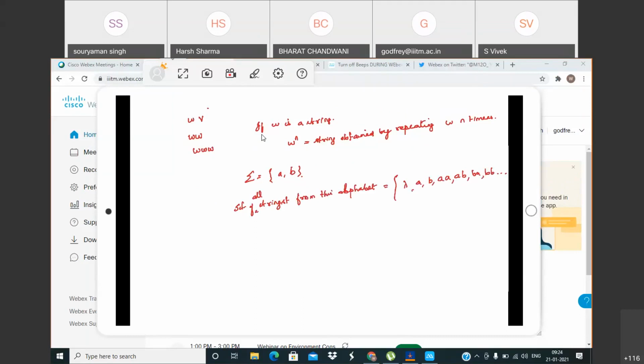So this is going to be an infinite set, the set of all strings over this alphabet.